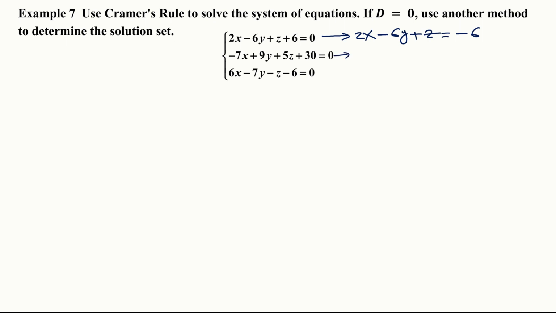And the second equation becomes negative 7x plus 9y plus 5z is equal to negative 30, and 6x minus 7y minus z is equal to 6.